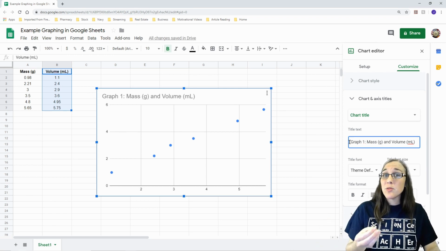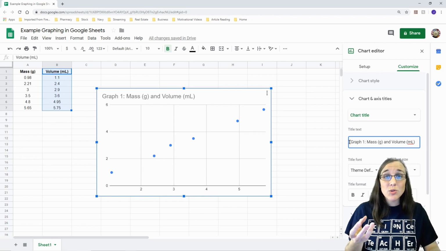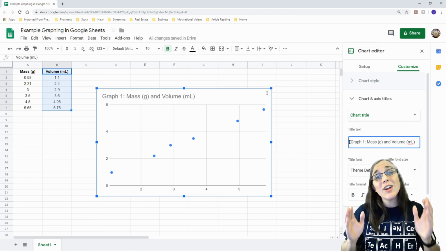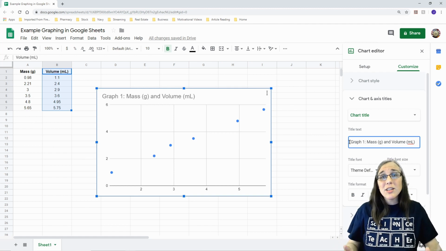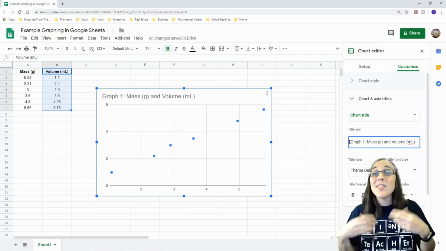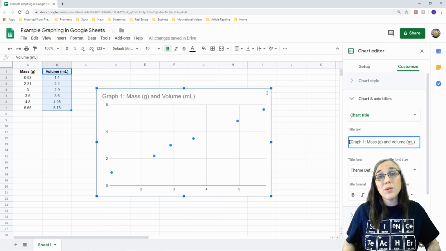This helps you when you're writing lab reports, when you're writing papers, or anything of the sort where you need to reference back to many different graphs. If you're making more than one, instead of referring to the entire title every single time you want to talk about it, you can just say, refer to graph 1, refer to graph 2. That makes writing a lot simpler down the road when you write up your lab reports.